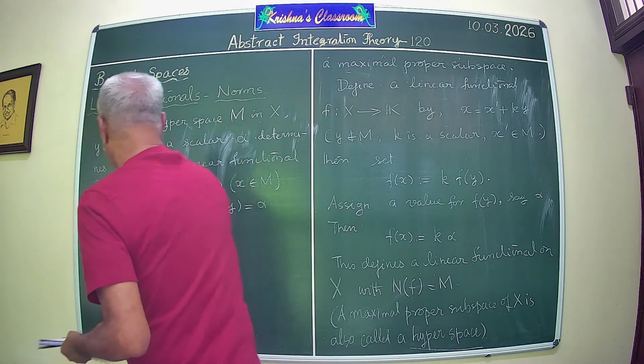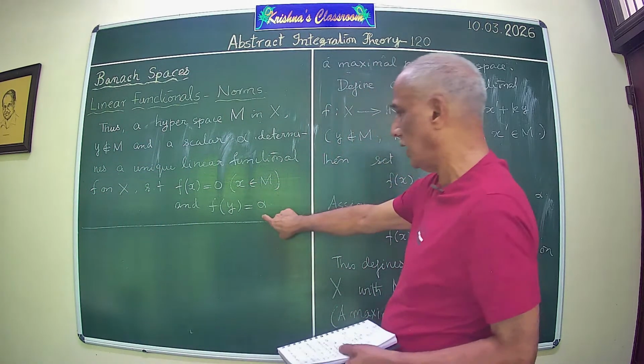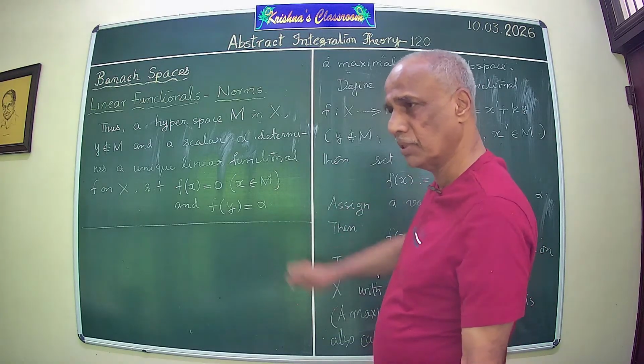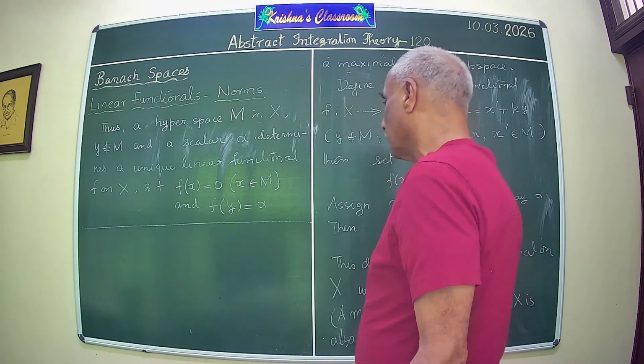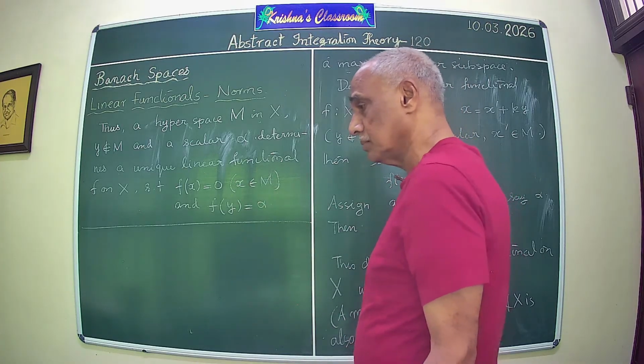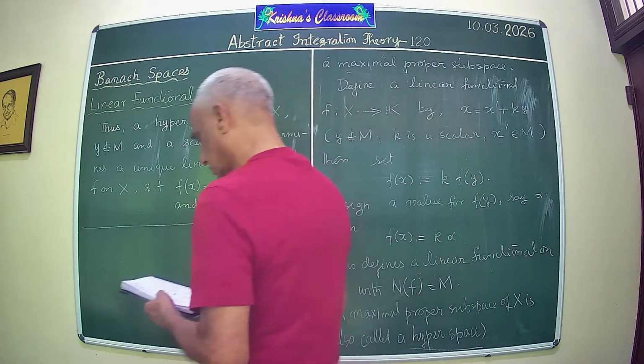So this is a unique linear function. So unless you fix this value also, you are not going to get a unique one. Sure, there are several linear functions because all scalar multiples of f also have the same null space. That's what.